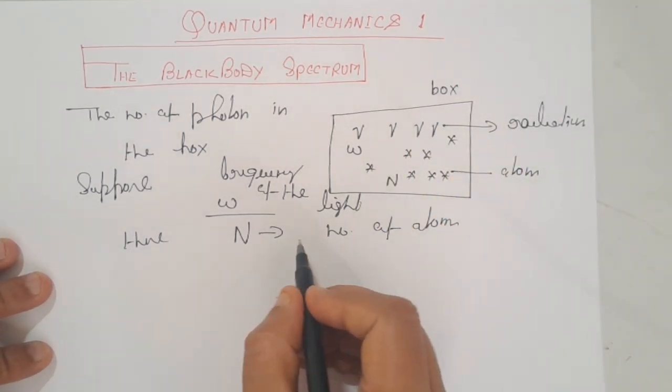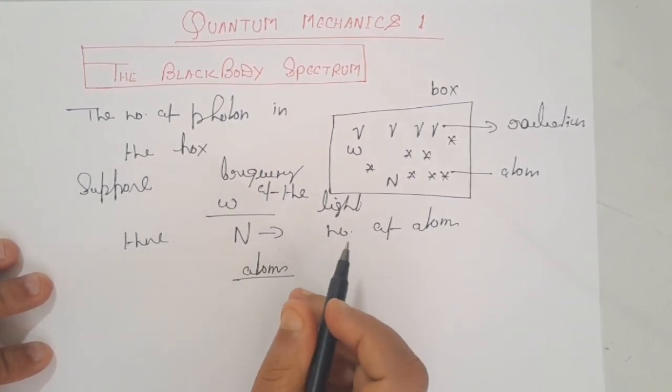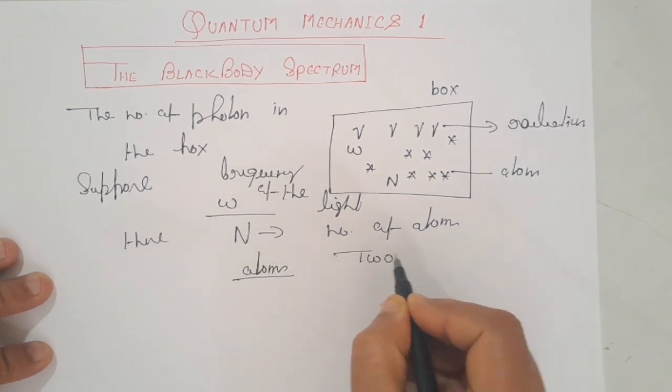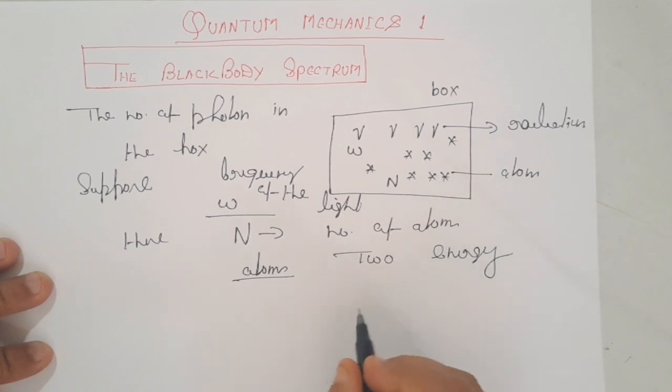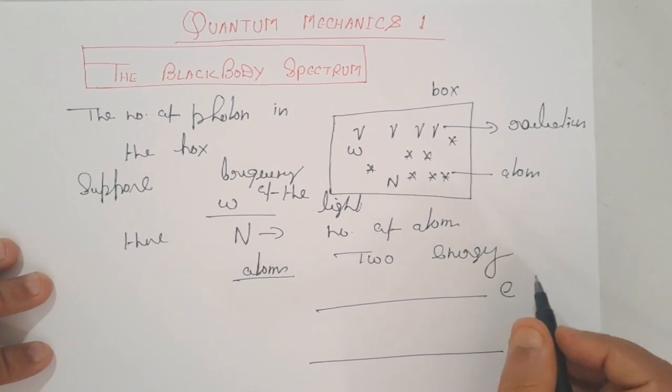These atoms have two energy states. This is the ground state, this is the excited state.